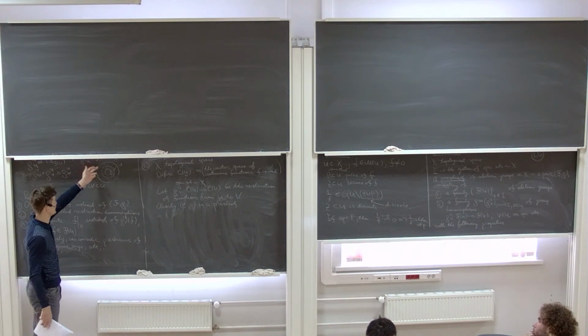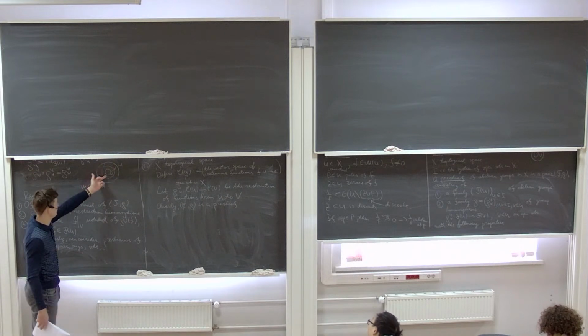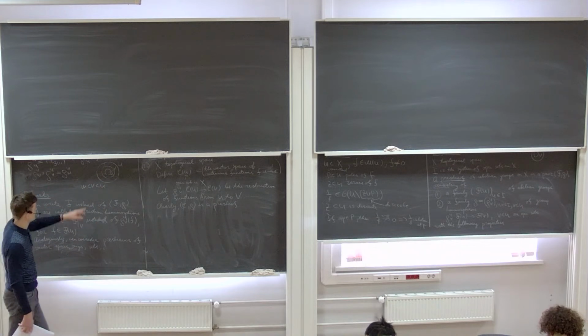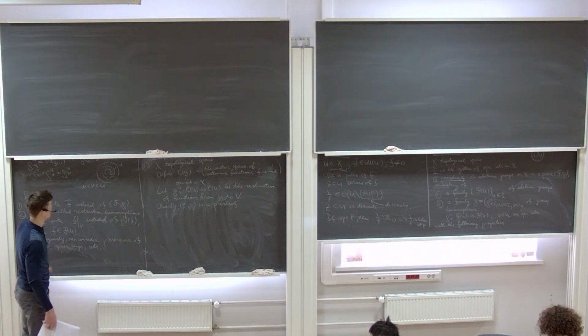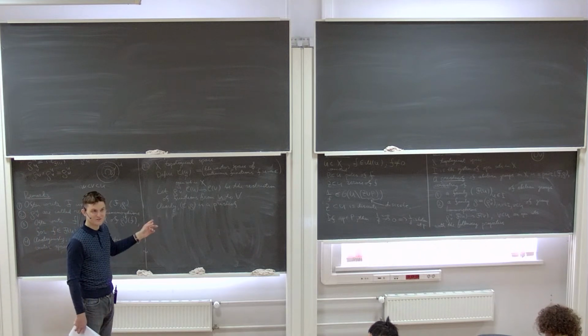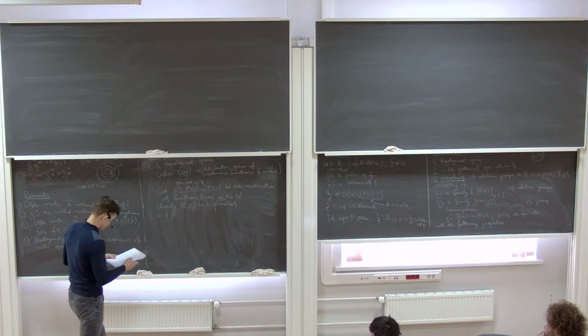The first axiom is obvious: you restrict a function from U to U. And the second is also obvious: if you restrict from U to V and then from V to W, it's the same as restricting from U to W. Is it clear?